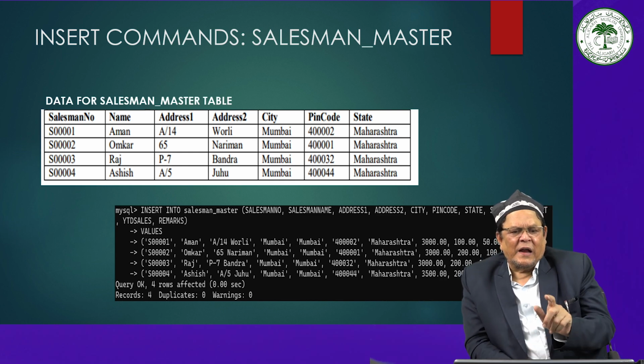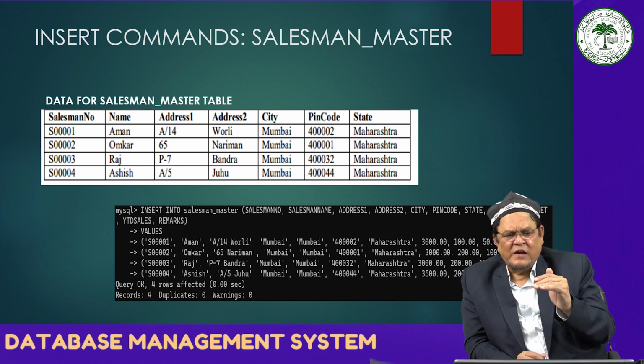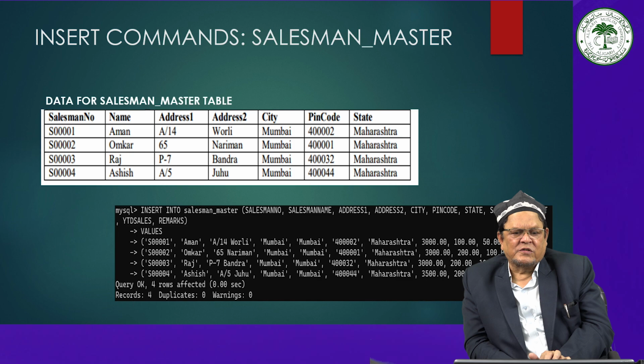Within the brackets you write values, and for one tuple, within the parenthesis you put the values of all the attributes, and then close the parenthesis. For the second, third, fourth records, do the same. Here I have given an example of 4, so you can insert the 4 records.